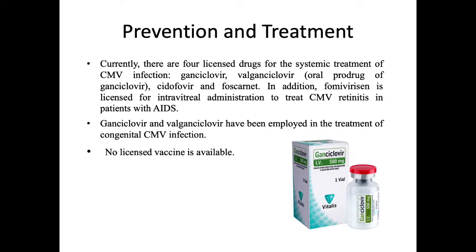Cidofovir and foscarnet are alternatives, but they have side effects. That's why first ganciclovir or valganciclovir are used. But if there is a resistance, then cidofovir and foscarnet can be used. These antivirals are given to transplant patients, immunosuppressed individuals, and in congenital infections we use these antivirals.